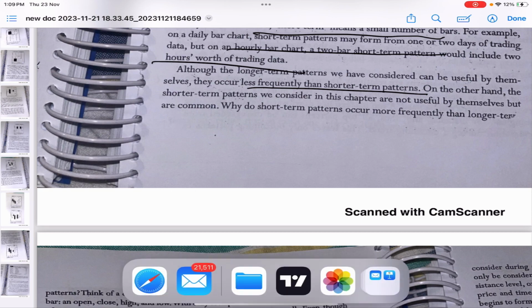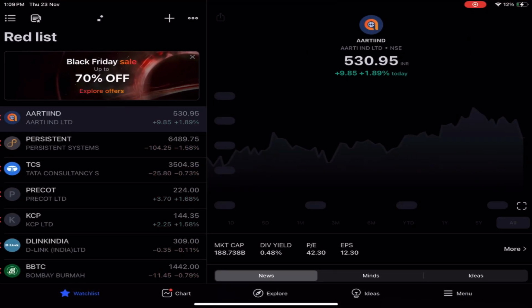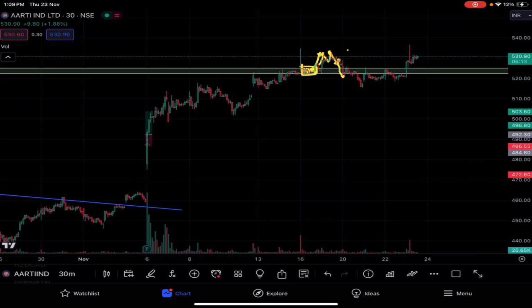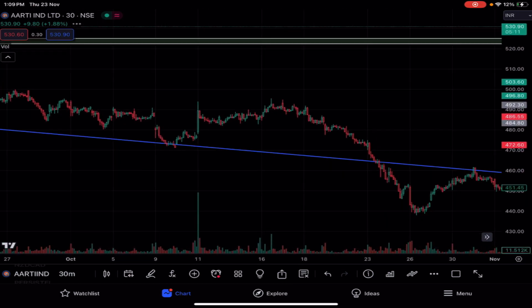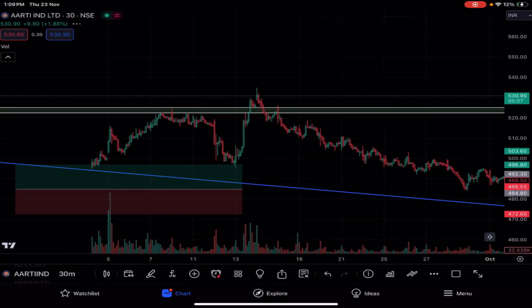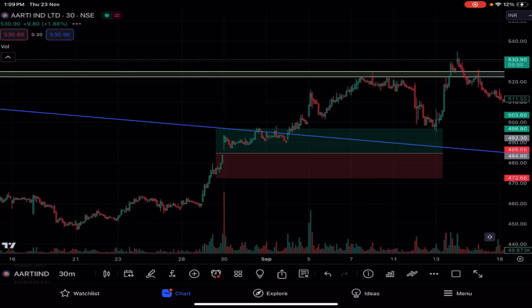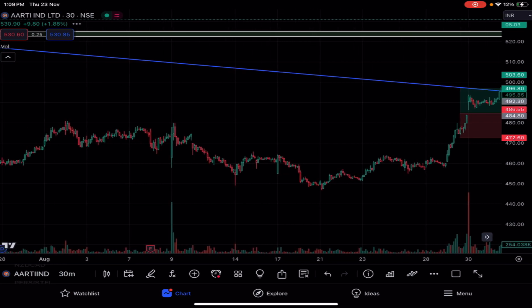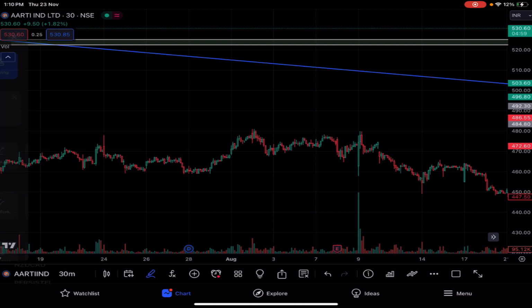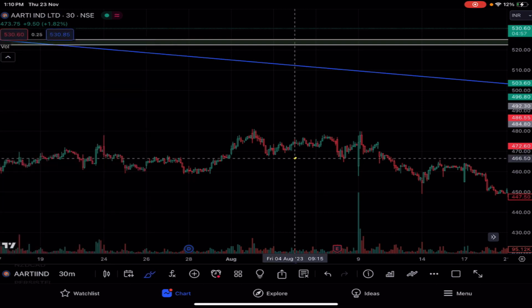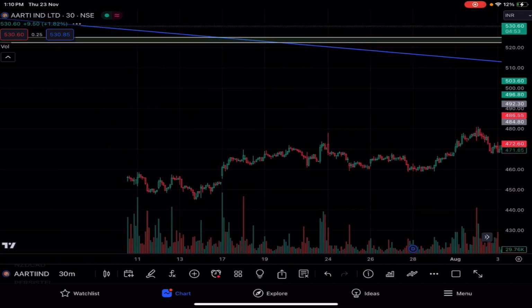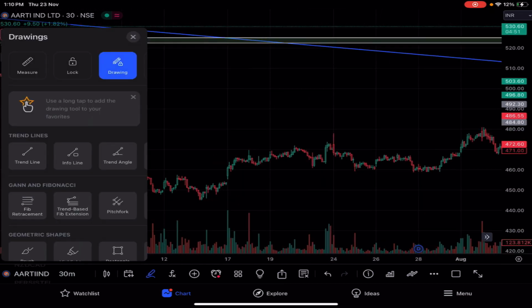If you take a live example on TradingView, let's go on a random chart. This is a 30-minute chart. Can you spot a W pattern anywhere? Let's take a double top. Here I can see a double top. Here also I can see a double top.